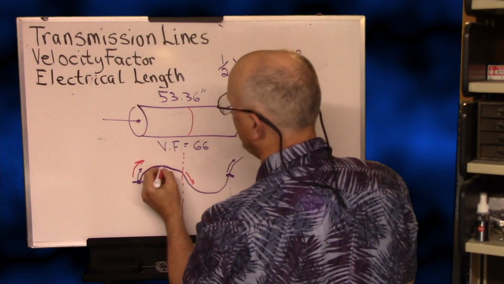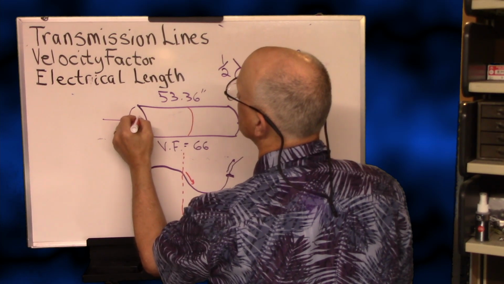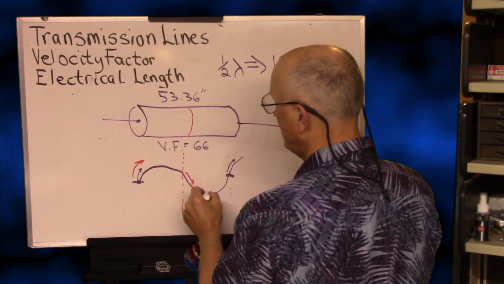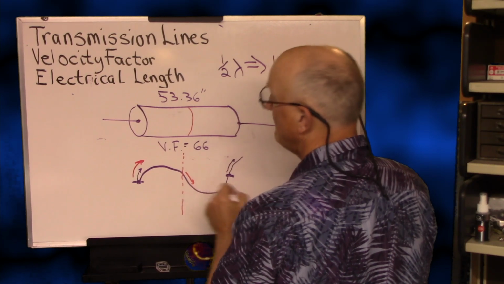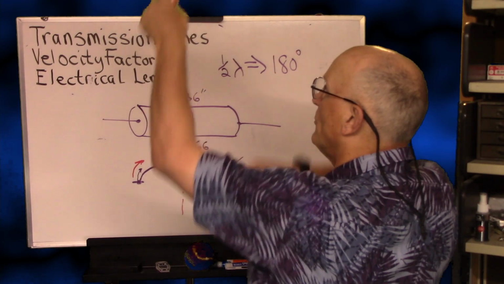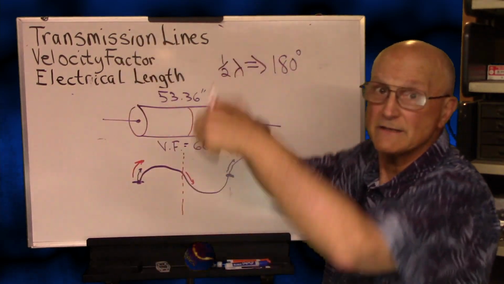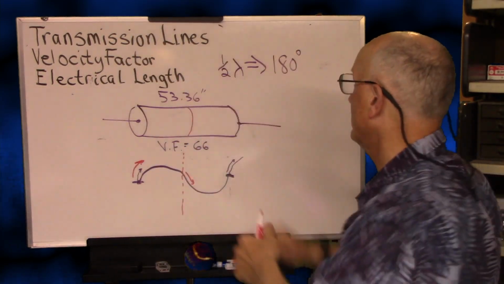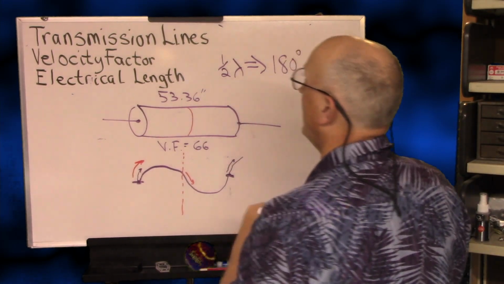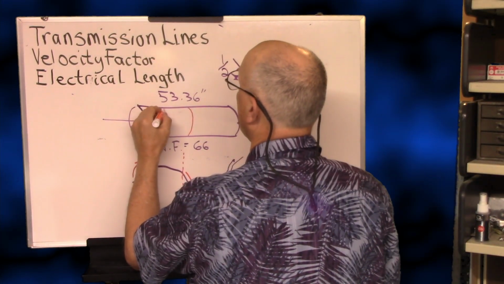So when this signal here reaches its peak at 10 volts, this signal here will reach its minimum at minus 10 volts. So they are doing one of these things, back and forth and back and forth. Well, what happens then if we take this and we cut it in half again?